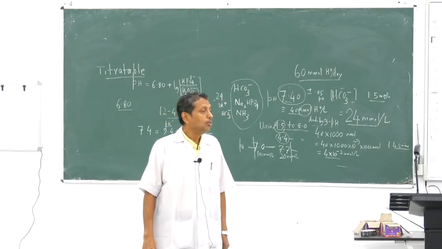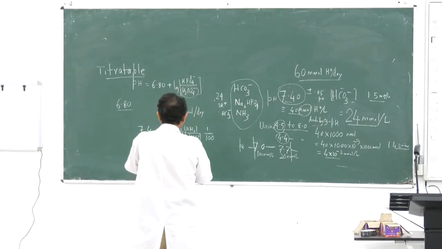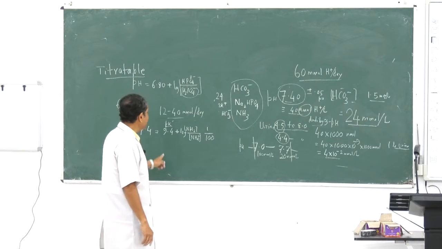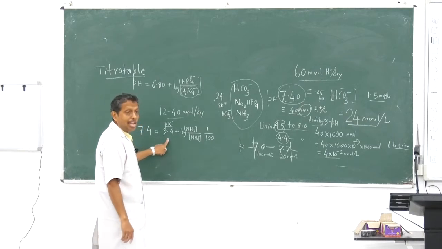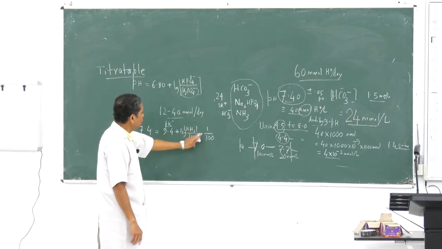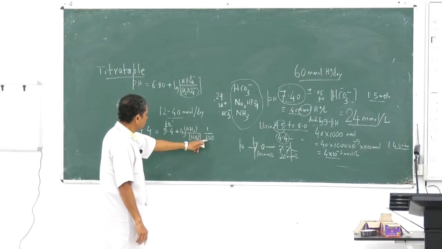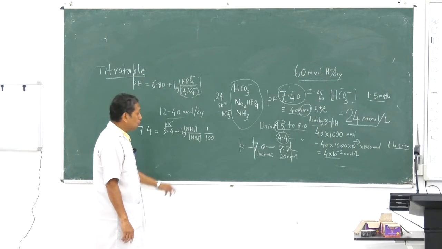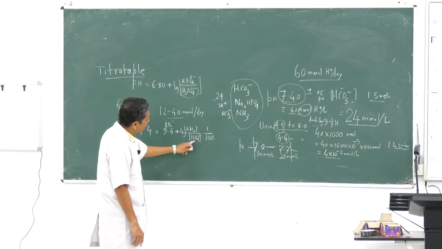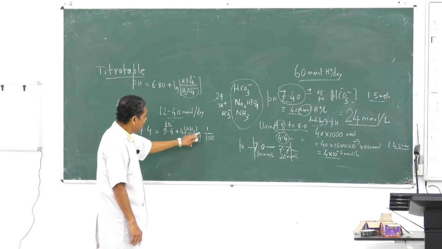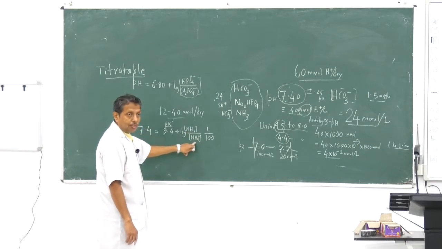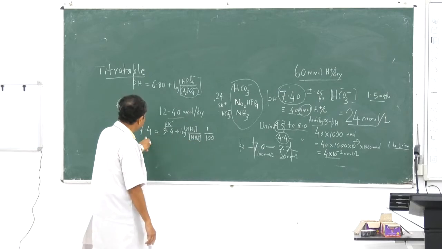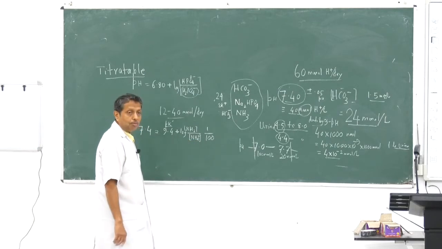Why is it so? Due to its high pK prime value. Suppose you take the value 9.4 at pH 7.4, this ratio will be 1 by 100. So the major part is 100 times this part than this part. So hydrogen will remain combined. Its contribution at present is negligible.